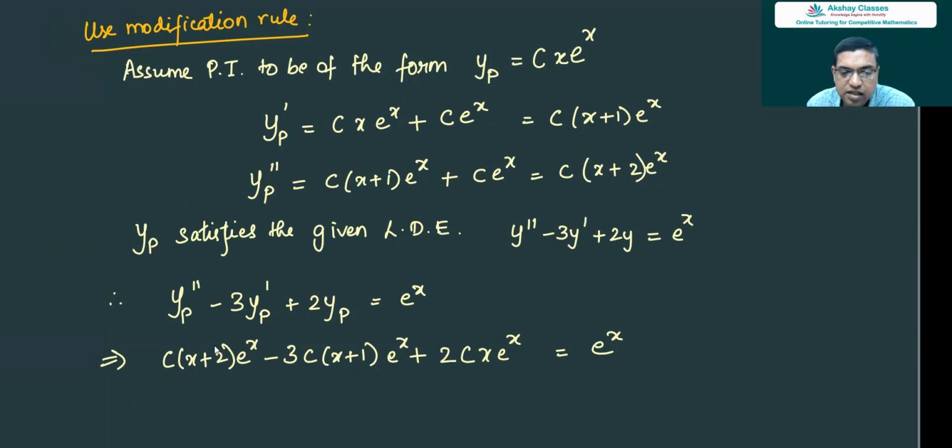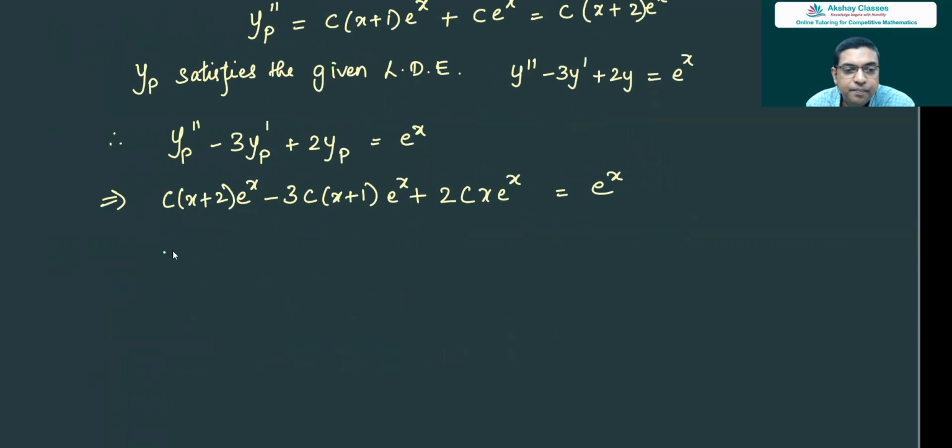So let us see what c should be. Collect the x e^x terms. c is common throughout, c times x e^x times (1 minus 3 plus 2).